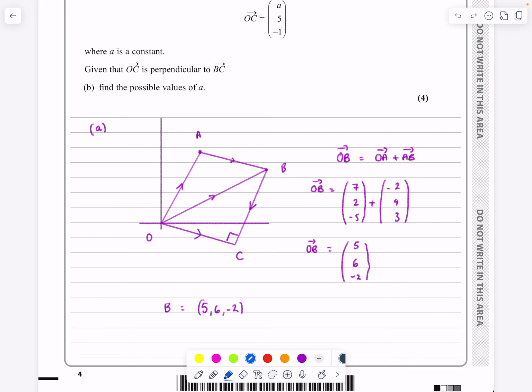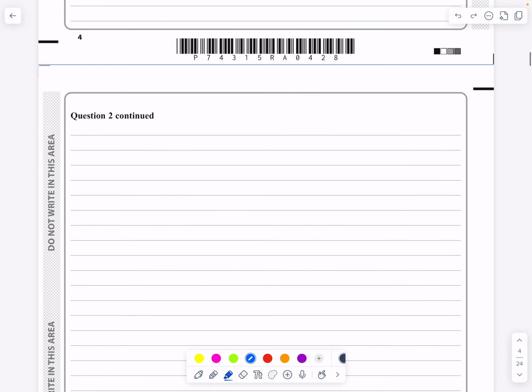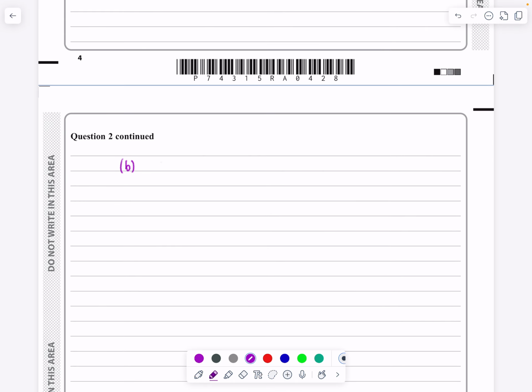Well, if those 2 vectors are perpendicular to each other, then let's work out BC first of all, so part B. If I want to work out BC, well, BC is just going to be BO plus OC, or another way of putting it would be C minus B. So C was A, 5, minus 1, and then that's minus 5, 6, minus 2 there.